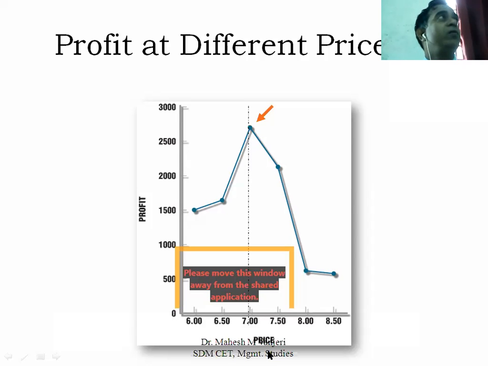Why? What happens? We are not talking about a percentage of profit. Try to understand, not percentage of margin. We are talking about value, rupee value or dollar value as a whole. Why does the total profit go on decreasing after $7 per unit?